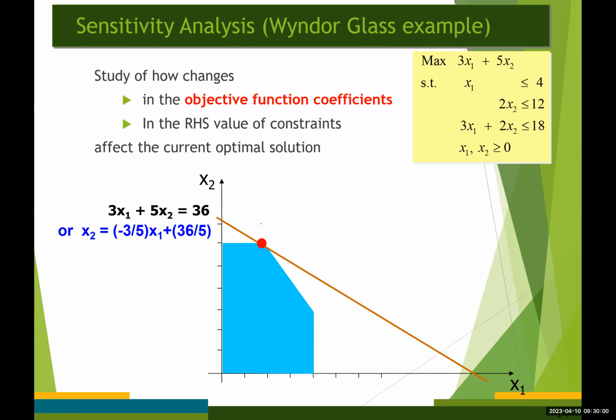For example, if I change one of the objective function coefficient values from, let's say, 3 to 10, then what's going to happen? In that case, this value will be changed to 10, so obviously the slope of the isovalue line will change.